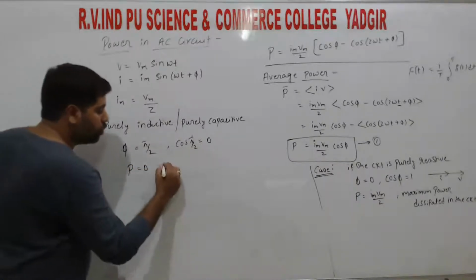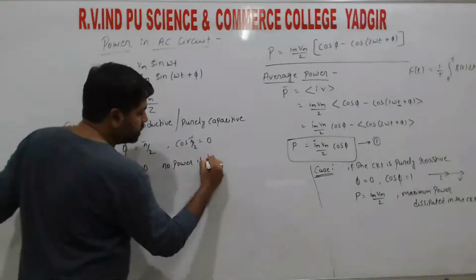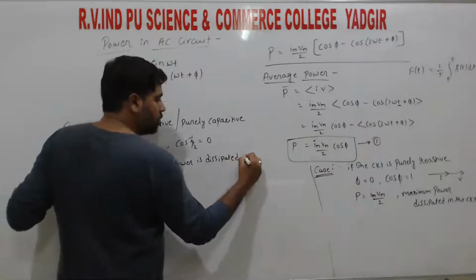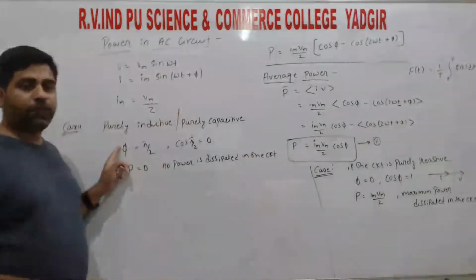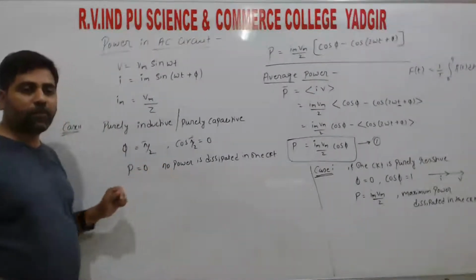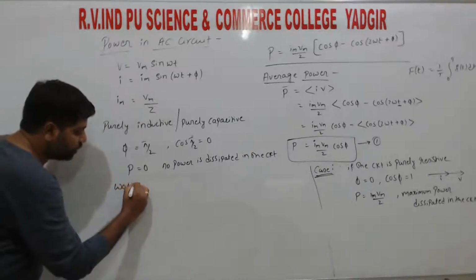So the average power P is equal to 0. That means no power is dissipated in the circuit. Even though current is flowing in the circuit, there is no power loss. That type of current we call wattless current.